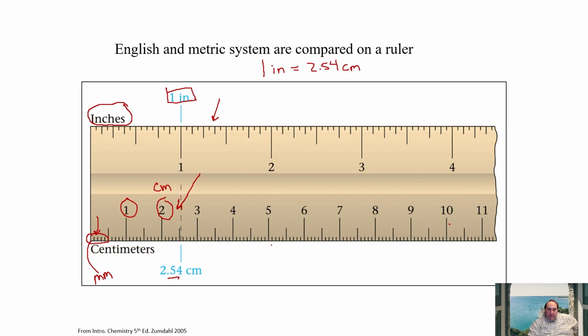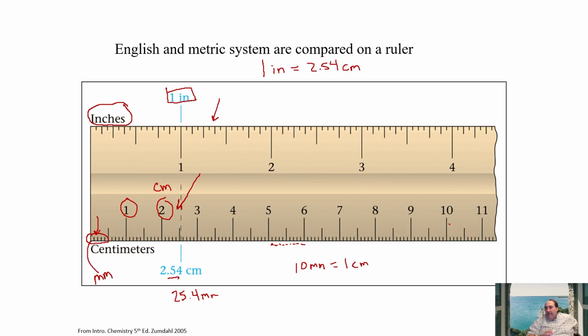If we look here, for example, between 5 and 6, there's 1, 2, 3, 4, 5, 6, 7, 8, 9, and 10. So there are 10 millimeters in 1 centimeter, right? And so the little guys represent the millimeters, which means if we come out to here, you're looking at this 2 being 20 and the 5 being 25. So you're looking at something like 25.4 millimeters would be the conversion there between those two.